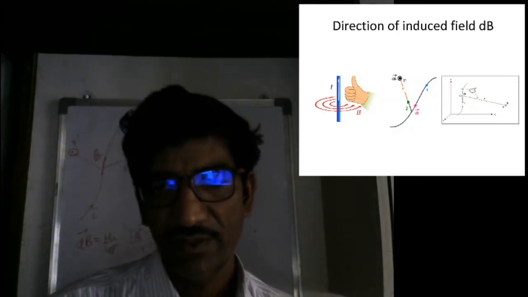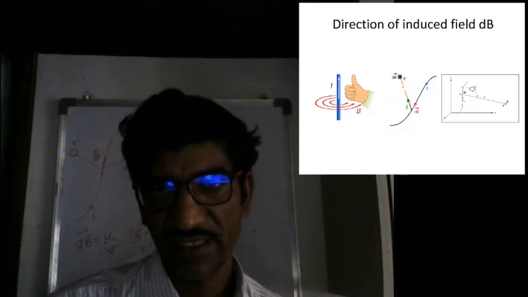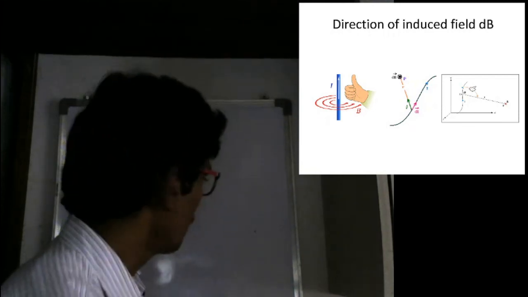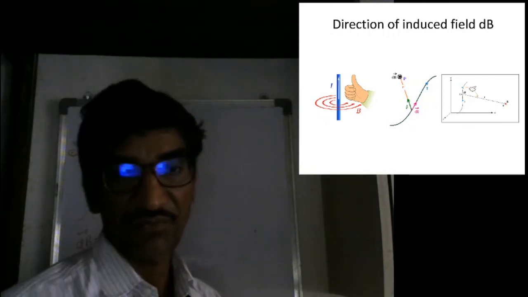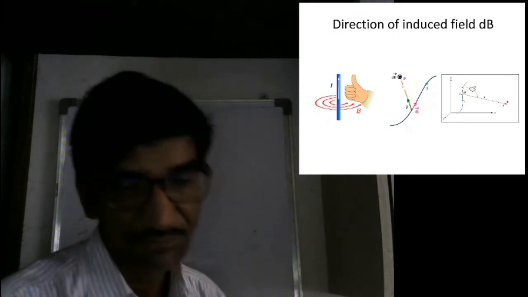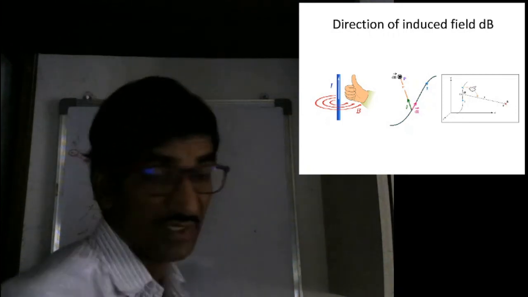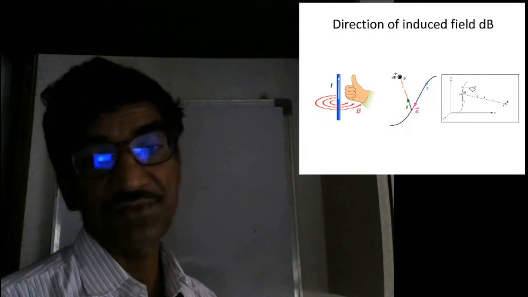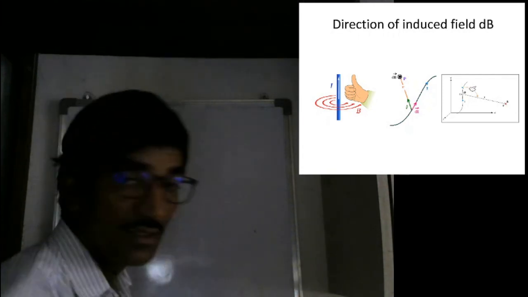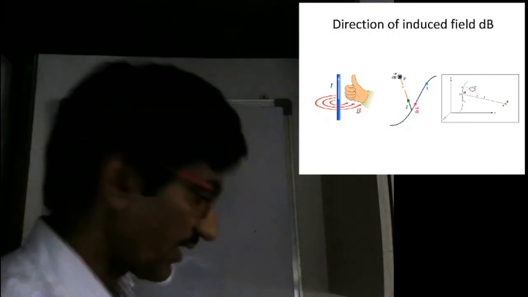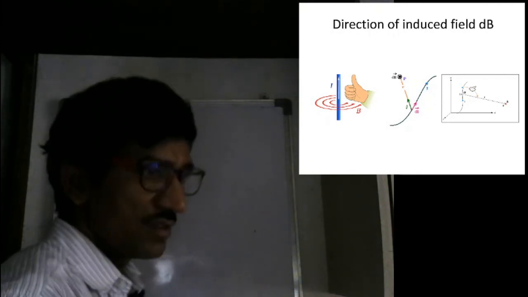You cannot leave it like that. You have to discuss the direction of the induced magnetic field as a part of the Biot-Savart law, because we are expressing the Biot-Savart law in vector form. That will greatly help you to find the direction of the induced magnetic field. Okay, right. Okay, thank you.